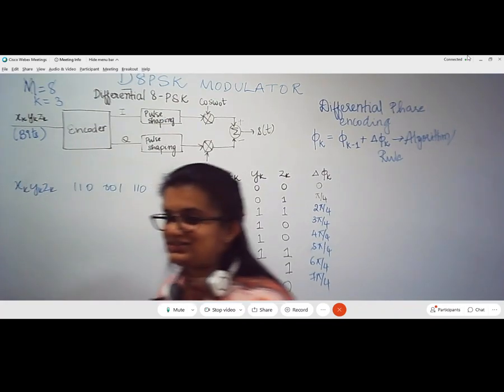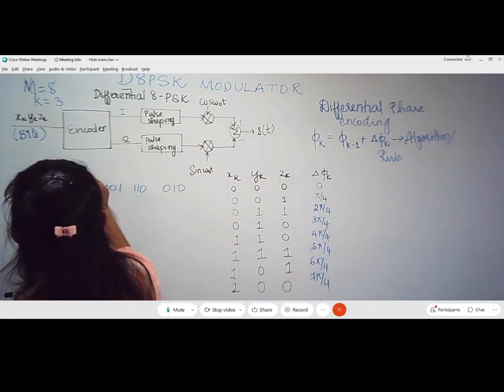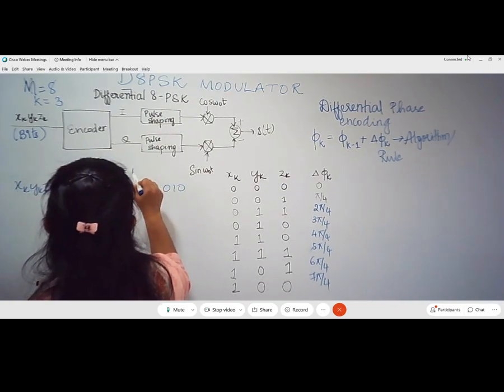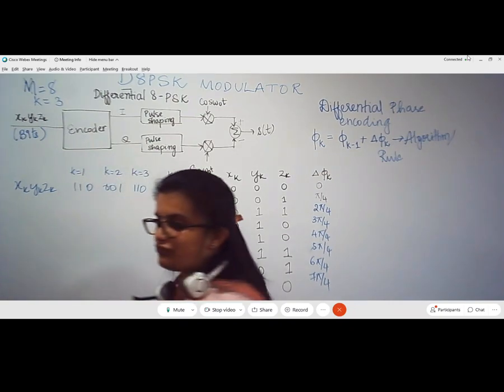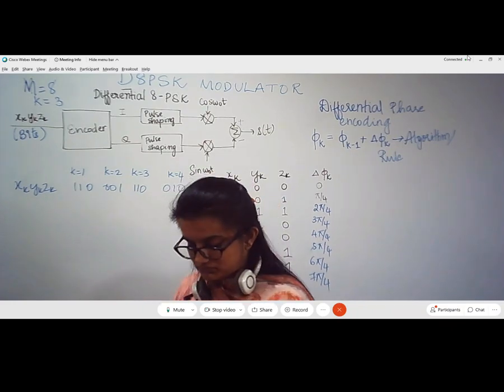Assume these are some random bit stream, transmitted at time instance k equal to 1, k equal to 2, k equal to 3, and k equal to 4. So in 4 symbol durations, I am transmitting 4 symbols here.